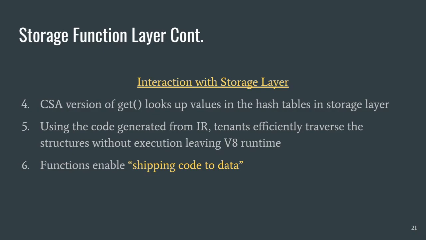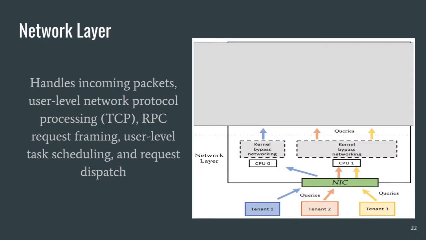Now let's look into the network layer. It handles incoming packets, user level network protocol processing, RPC request framing, user level task scheduling, and request dispatch. It uses kernel bypass networking and each CPU core in Shredder polls for incoming network packets.